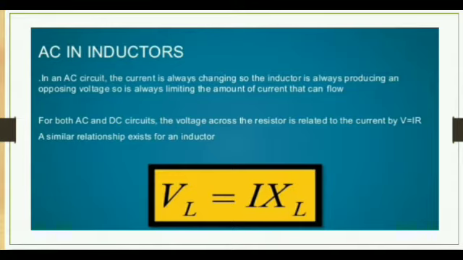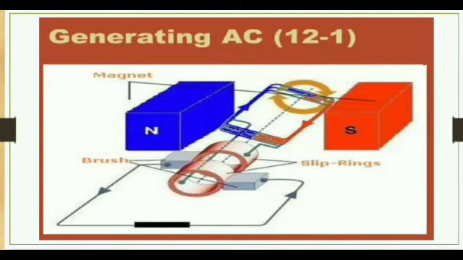For both AC and DC circuits, the voltage across a resistor is given by Ohm's law, V is equal to IR. But for an inductor, the voltage VL is equal to I into XL. XL is nothing but inductive reactance.